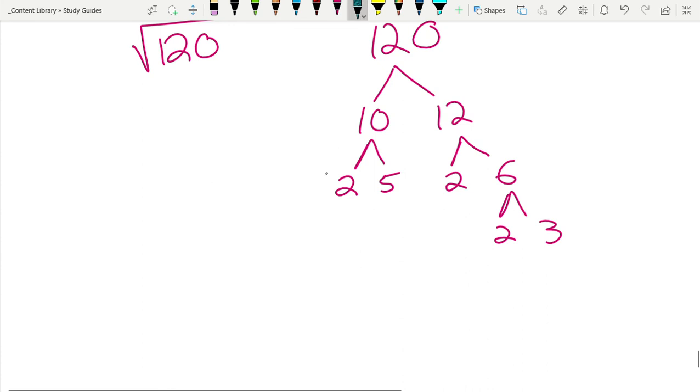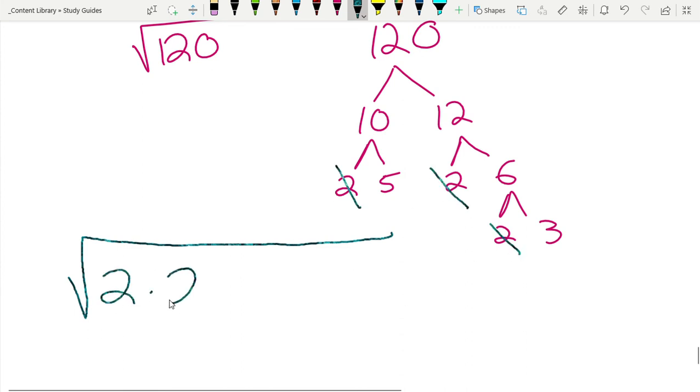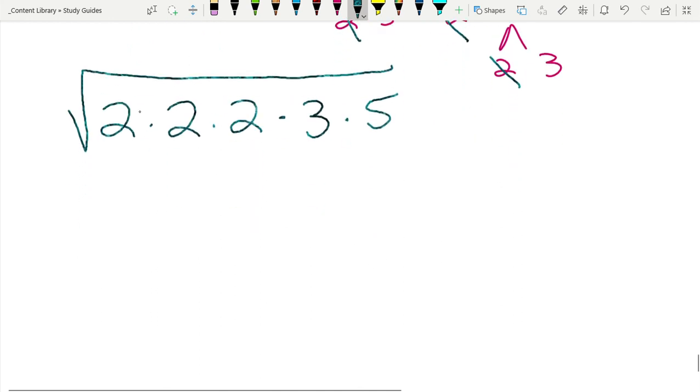So now what we do is we write all these numbers under the root sign. And I like to organize them. So I got 2, 2, 2. I got 3 2s, 1 3, and 1 5. So how does this help us? Well, when I look, square roots are all about multiplying two numbers that are identical. So that's what you're doing, looking for identical pairs.